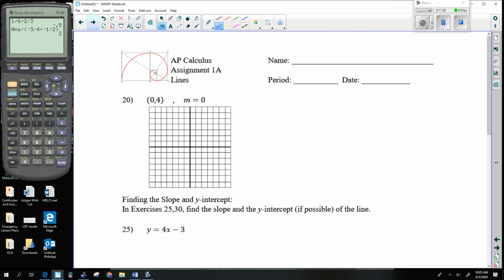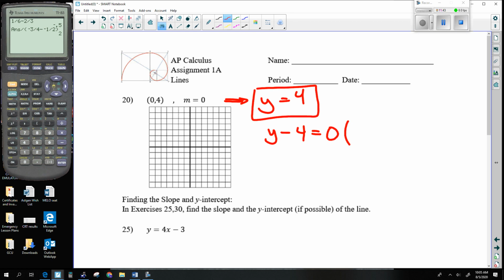Moving on. Okay, m is equal to 0, so that is an indicator that this is a y is equal to 4. You can still do it the point slope method. This is going to be a horizontal line, but you can use the point slope method. y minus y1 is equal to m x minus x1.